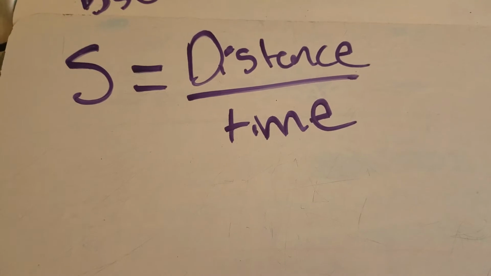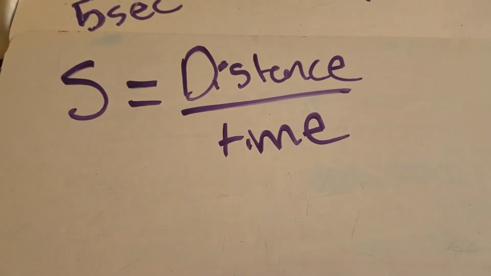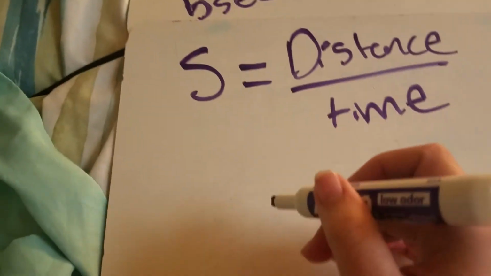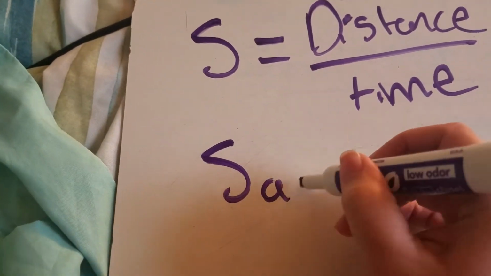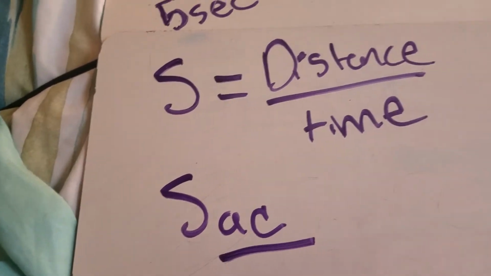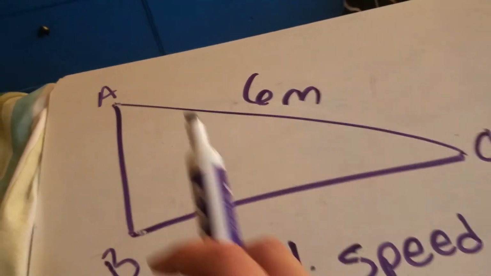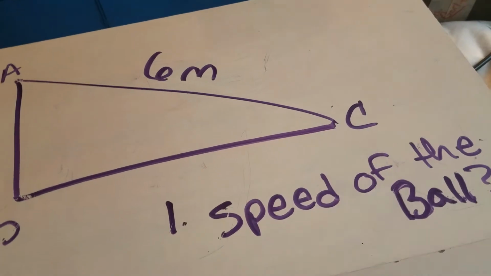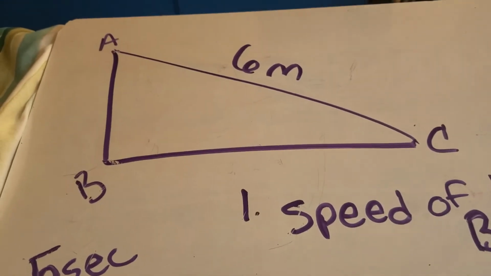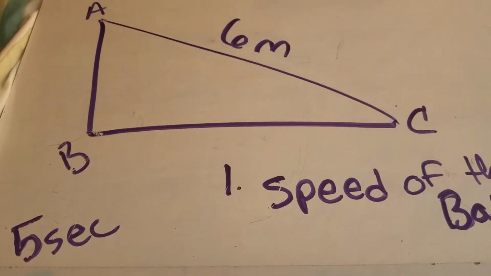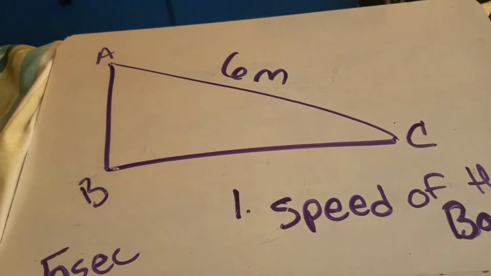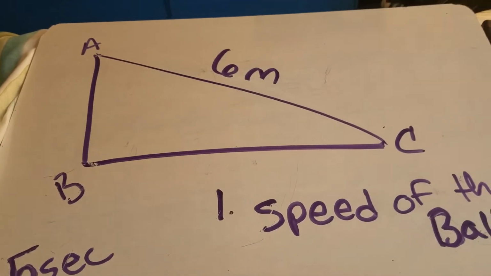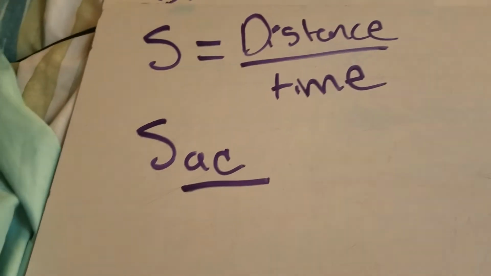So, let's figure this out. We are given our distance, and I'm actually going to write this as speed of AC. Why AC? Because I want the speed between point A and point C. That way I don't confuse myself, especially when we get to frame of reference with calculating speed and velocity. I want to make sure I'm clear what I'm trying to calculate.